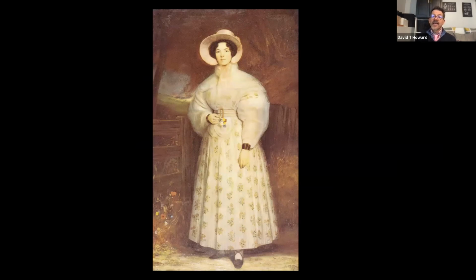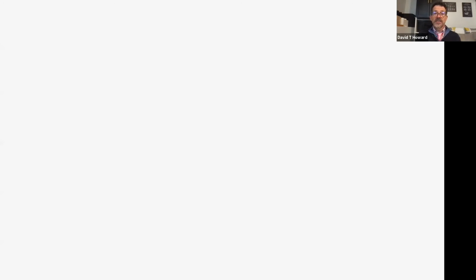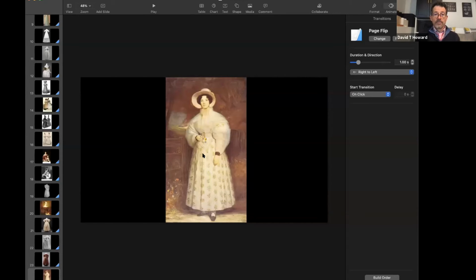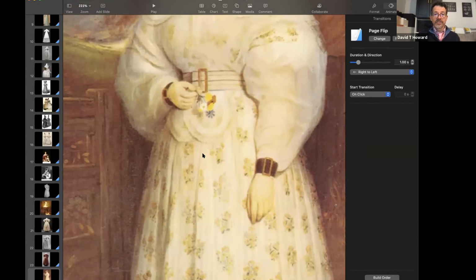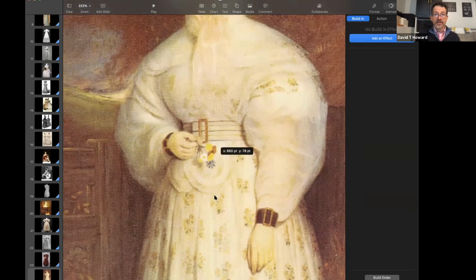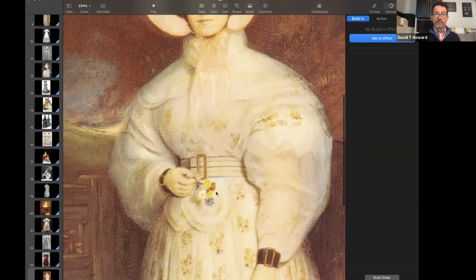Here we can see a dress, and there's a little special detail in this dress. If you look really carefully, and I'm going to stop the share just for a couple seconds here, just because I want to blow it up so you can really see the detail here.